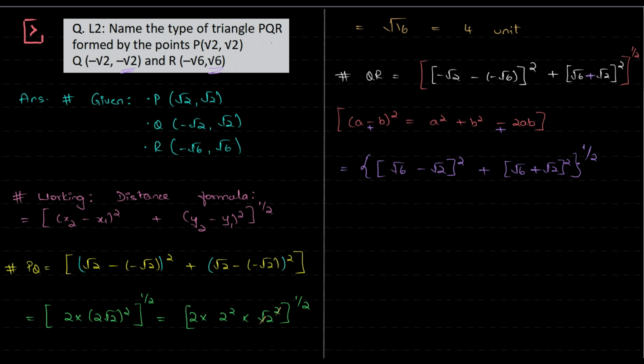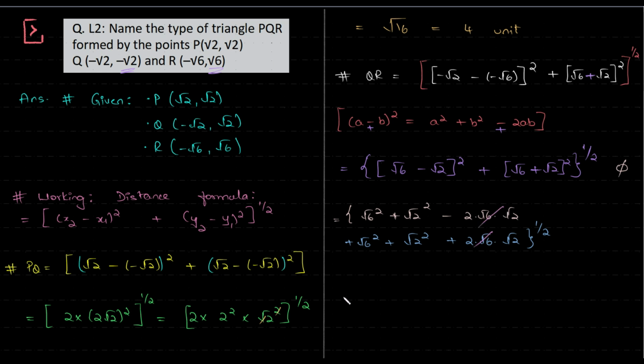Now we will expand it. This is an extra step, you need not write this. So a square plus b square minus 2ab, and again we have a square plus b square plus 2ab to the power of half.